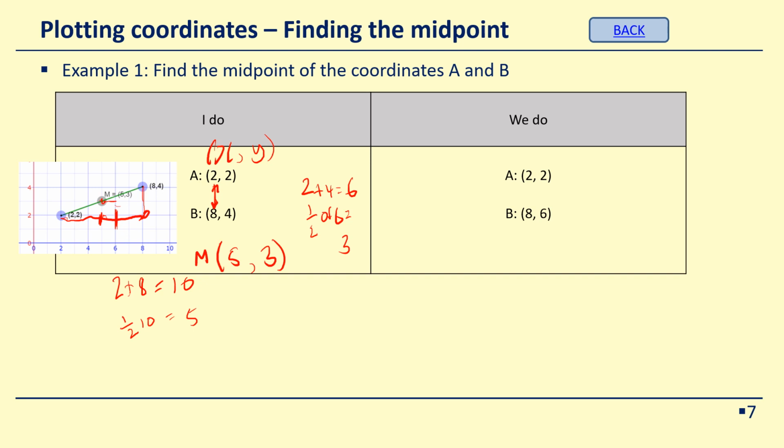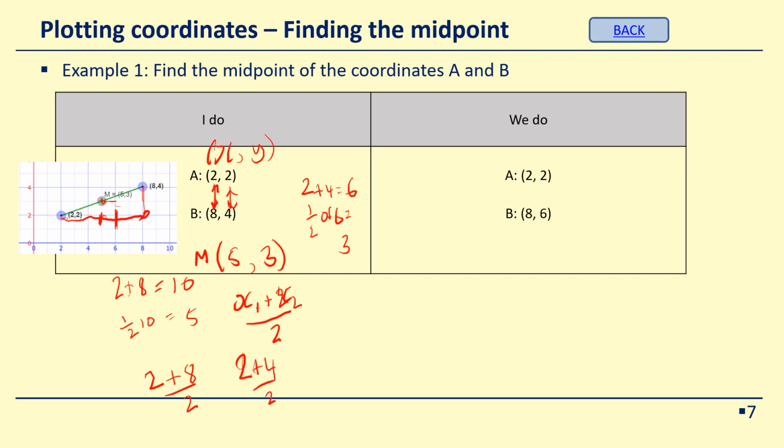So there's a little equation that you can use. Okay, you can say we can call this x1 plus x2, or you could call it xa, xb, right? All divided by 2. So basically what it's saying, 2 plus 8 divided by 2, and then for the y, 2 plus 4 divided by 2.